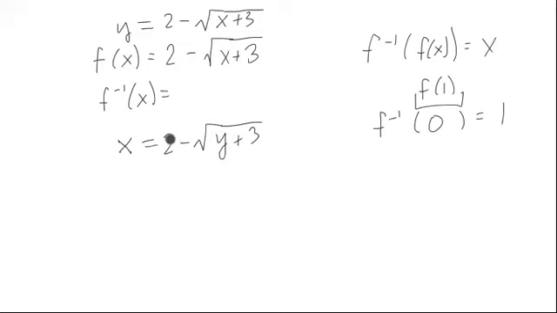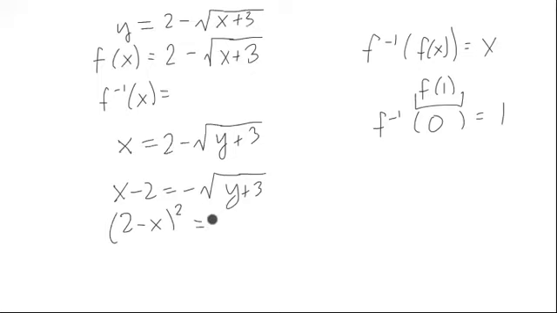So we could bring the 2 over, so x minus 2. And then multiply both sides by a negative, and then square. I guess we could have just squared both sides, but whatever. I mean, we got the same thing eventually in the end, is equal to y plus 3, and then we can subtract the 3 over.